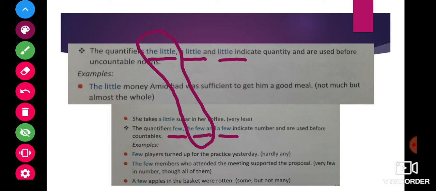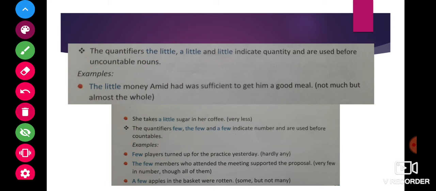The little is used for uncountable nouns and the few is used for countable nouns. But both of these words mean the same. In case of the little as well as the few, we have very small amount, but we are considering that whole amount. In that case, we write the little or the few.